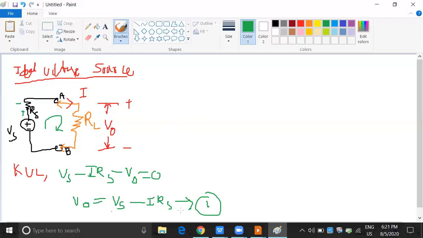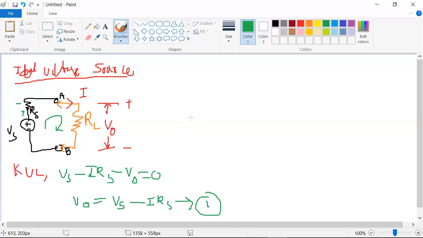This equation is in the form of a straight line, y equals mx plus c.